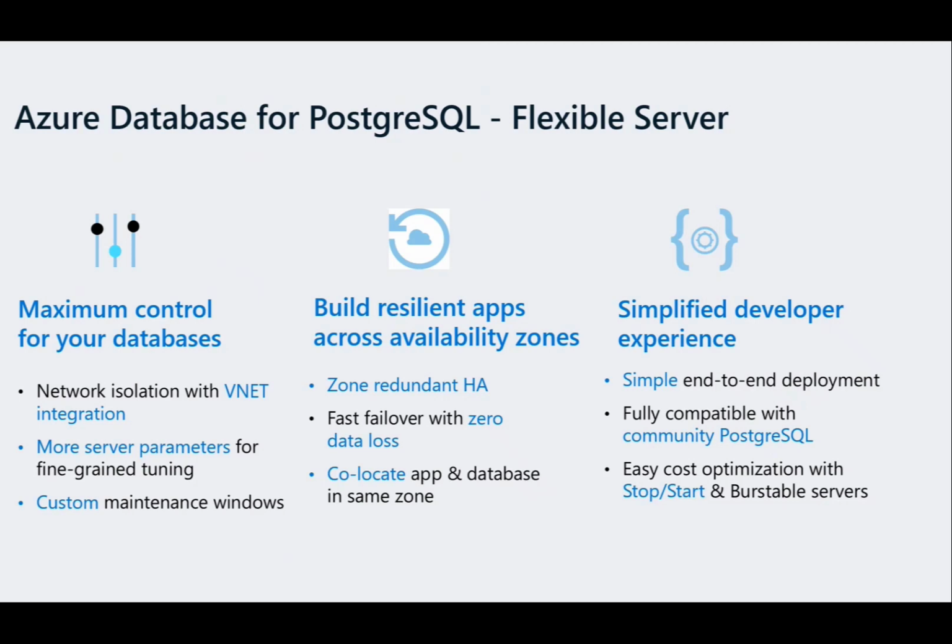They wanted the ability to collocate application and their backend in the same availability zone for latency sensitive applications. And they wanted a simplified developer experience, ability to stop, start, save money with burstable instances. And they were explicit about keeping full compatibility with community PostgreSQL, no forking difference, something that gives you platform portability as well.